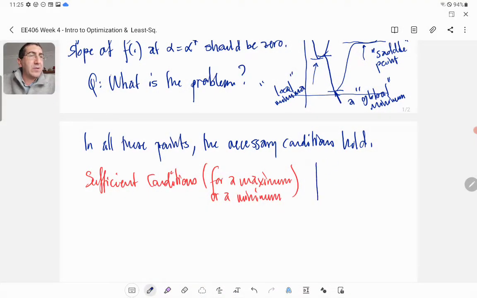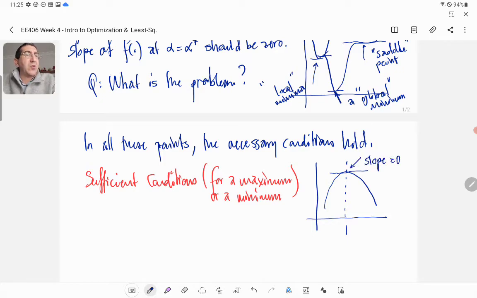If you think about a function which has a maximum here, we know that the slope of the function is 0 here. Slope equals 0. Now, in order to have a maximum, take a look at what's happening before and after that 0. Over here, the slope has to be positive, and over here, the slope has to be negative.